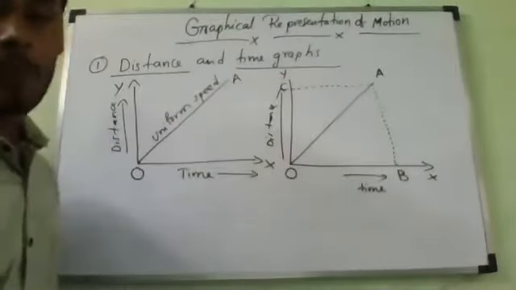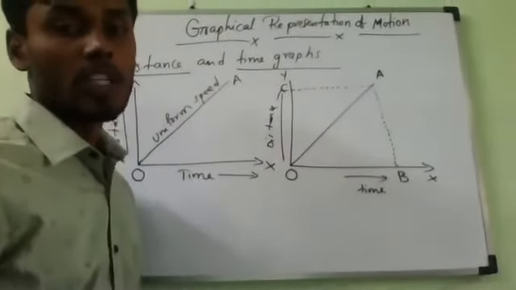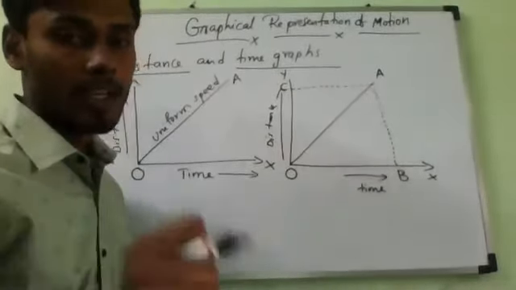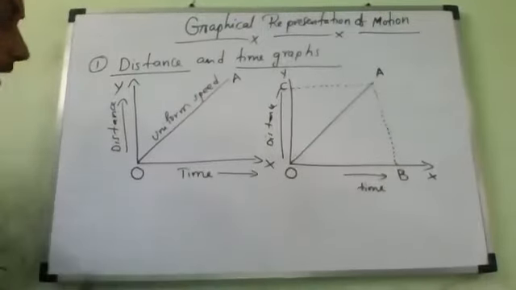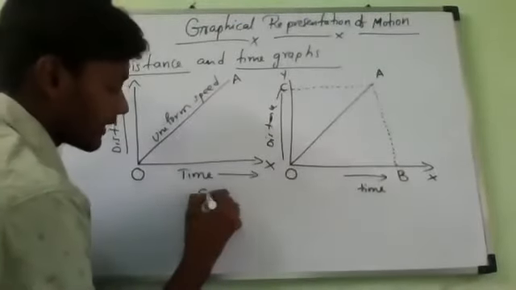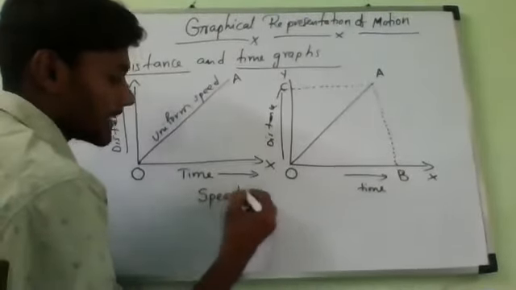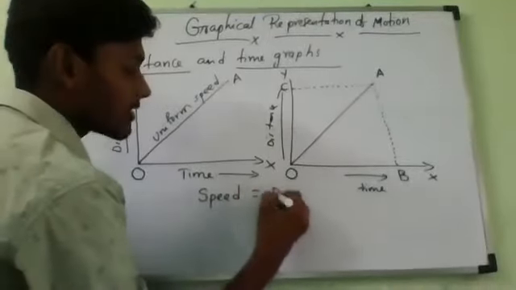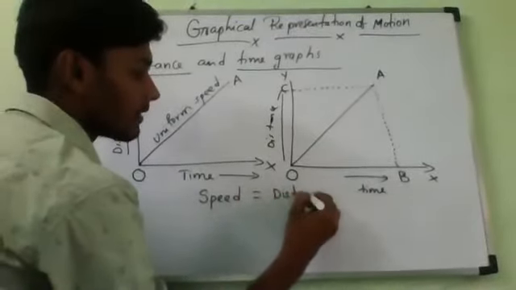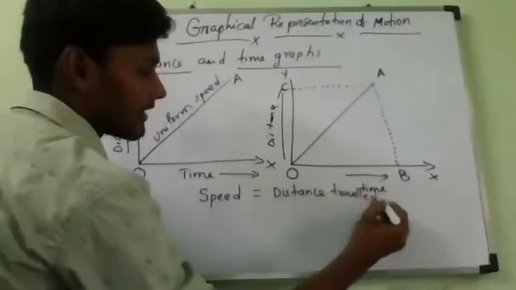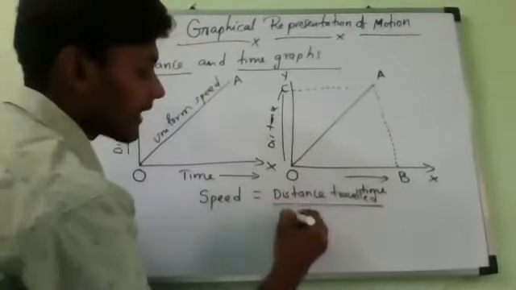Now, what is the formula for speed? Speed is equal to distance traveled divided by time taken.